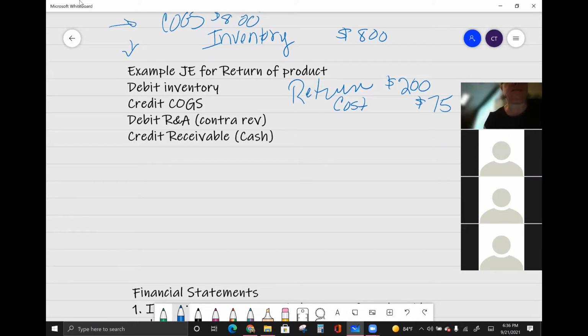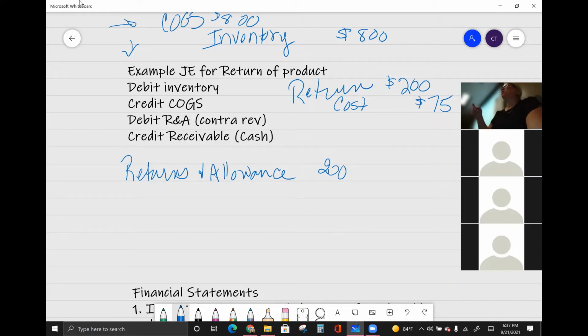So let's look at the sales part of it first. What the customer is getting back is $200. So I'm going to debit my returns and allowances, that's my contra revenue account that we just talked about, for the whole amount that they are getting, $200.